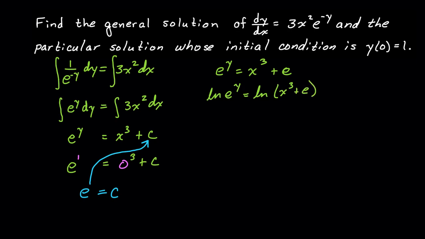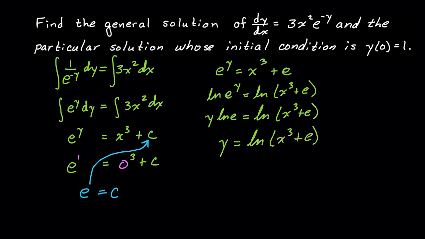Now, your properties of logarithms say that if you have the natural log of something to a power, you can bring that exponent to the front of your logarithm. So what that will give us is y times the natural log of e is equal to the natural log of x cubed plus e, and the natural log of e is 1, giving us y is equal to the natural log of x cubed plus e.